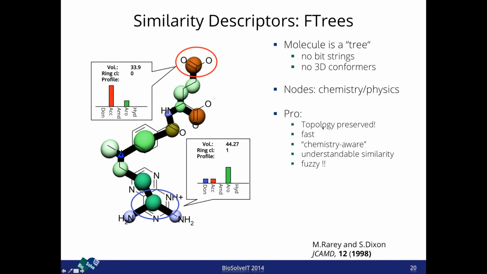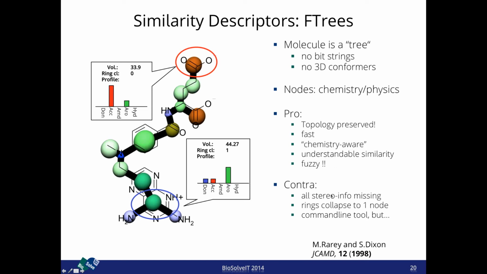So we have this topology preserved. They are very fast, so essentially below a millisecond per comparison. They are chemistry aware now, so we can tell people acceptor, donor, amide function, and so on and so forth. And the nice thing is that they will have understandable similarity as an output. I'll show you on the next slide. And they are fuzzy as mentioned.